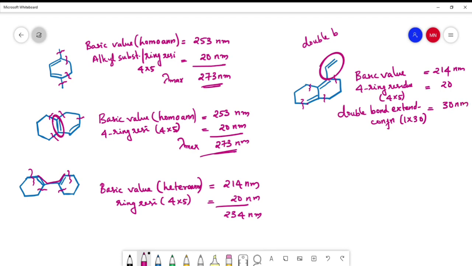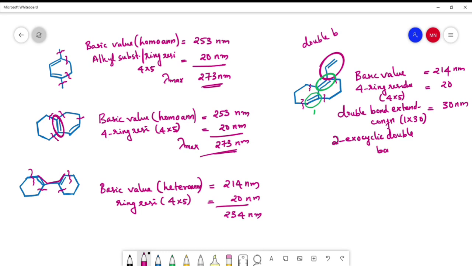Now third thing is that again you have to look for exocyclic double bonds. How many are present? See, this double bond is exocyclic to the second ring. So 1. Now this double bond is exocyclic to ring 1. So 2 exocyclic double bonds. So you have to write that also in this one. 2 exocyclic double bonds.